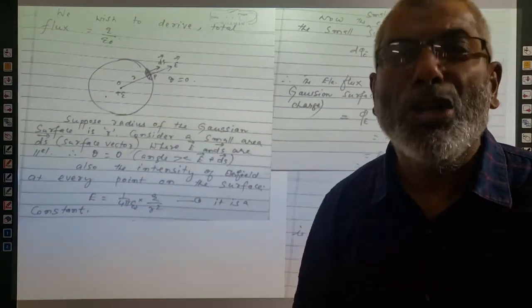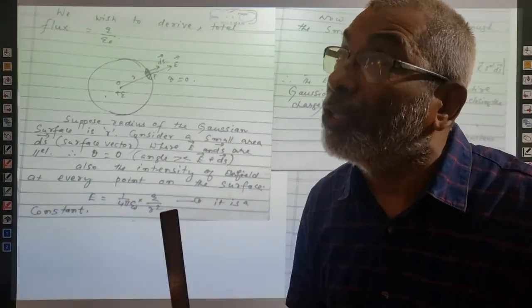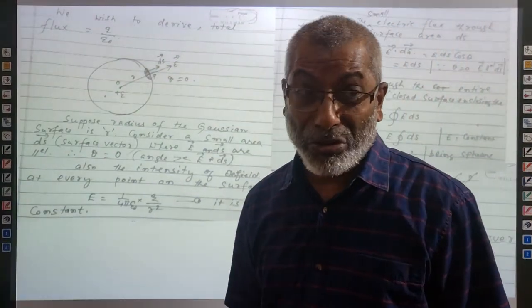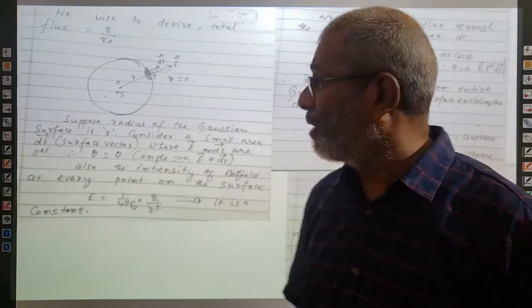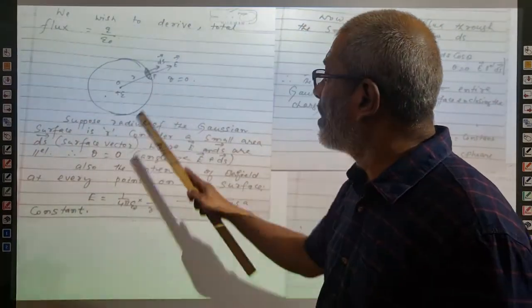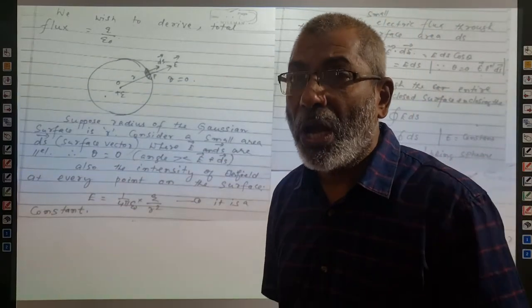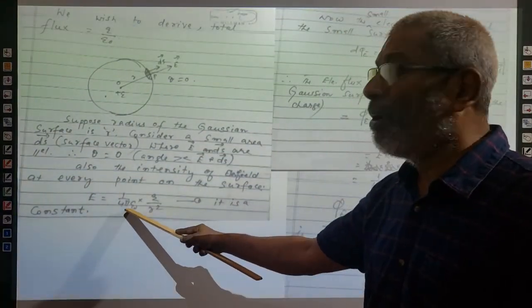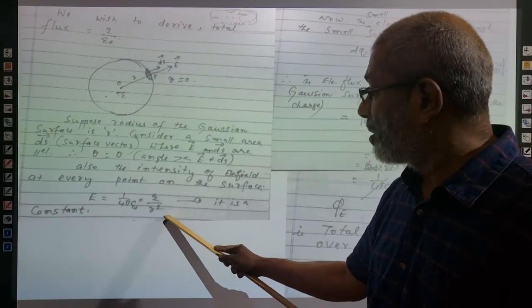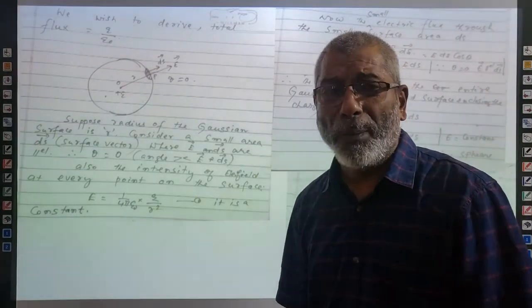It is a constant, only in magnitude, but the direction may be different. The magnitude of the intensity of electric field at every point on this spherical surface, what you call the Gaussian surface, always remains a constant. That is given by E is equal to 1 by 4 pi epsilon 0 into q by r square. This has already been said in the class long ago.